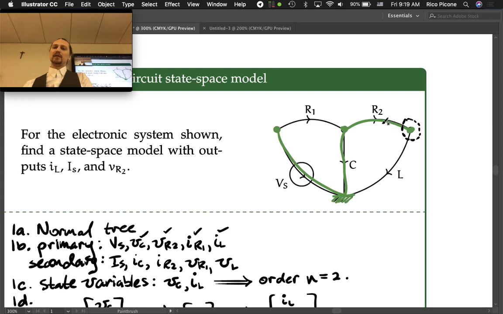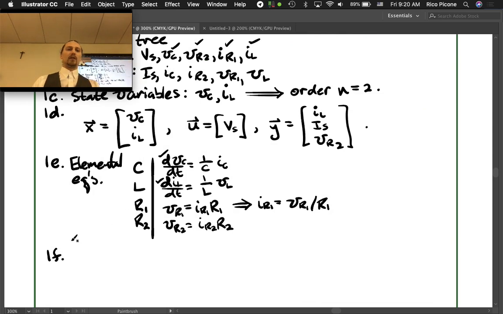The first one that's pretty easy to do is to draw a contour around this node, and that cuts through a single passive branch, and that's what we want. The continuity equation you would write for this is all of the current going into the node equals all of the current going out of the node, or out of the contour. So my IR2 is going in, and must be equal to IL coming out, right? So continuity. I like to draw a little table here too.